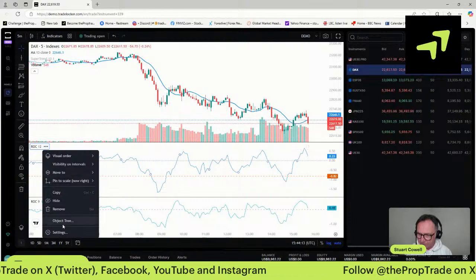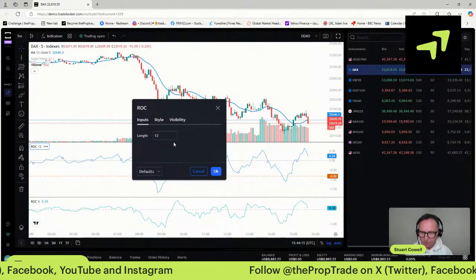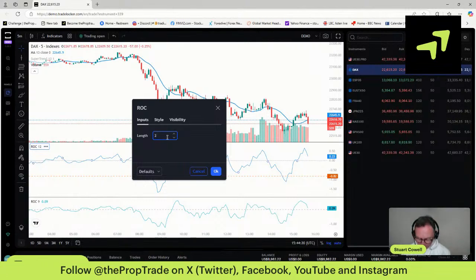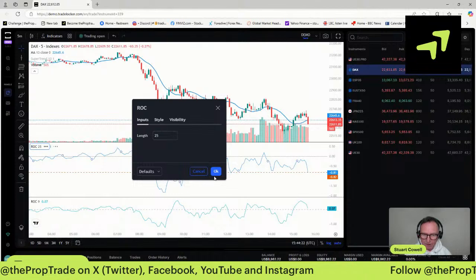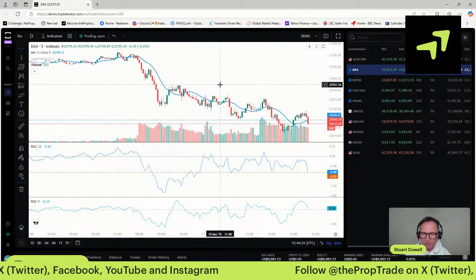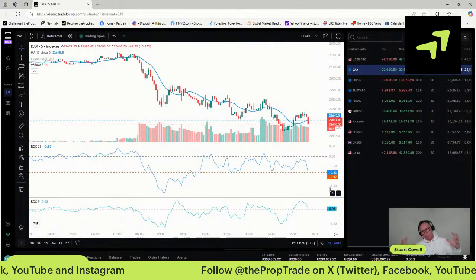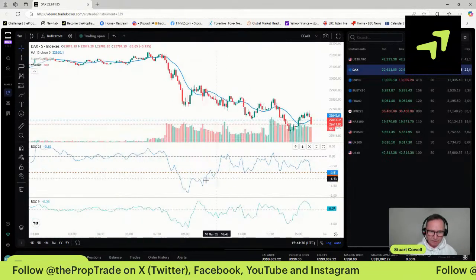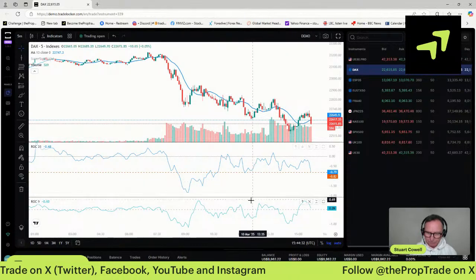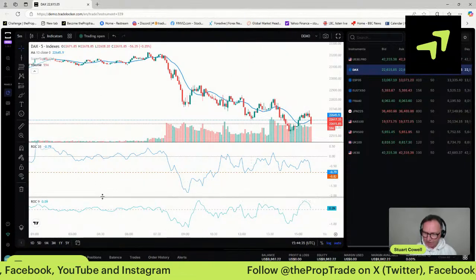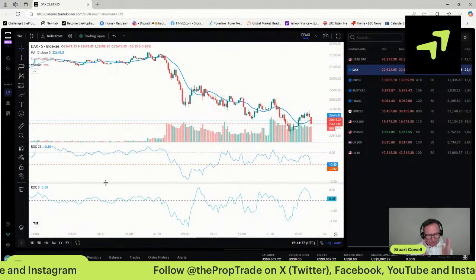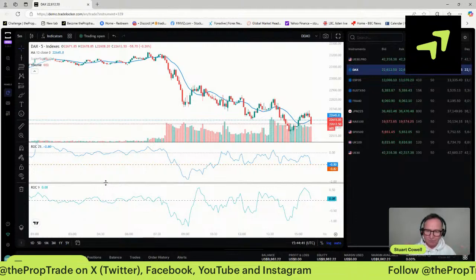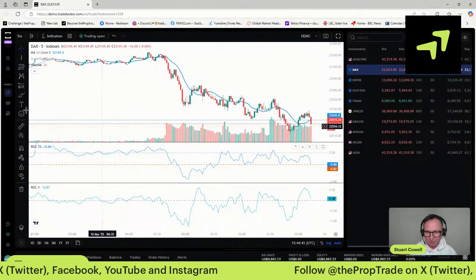Let's put this to 25, and you can see how far back we are. So we've got two here. From now to 9 candles back here, and 25 candles back.